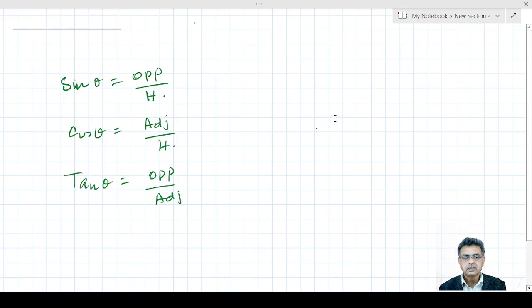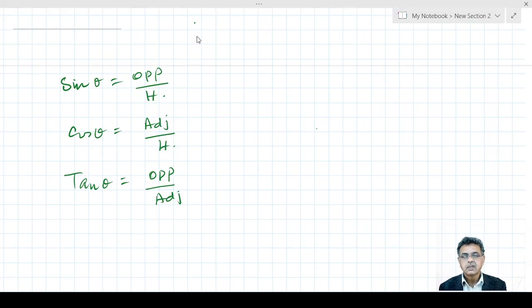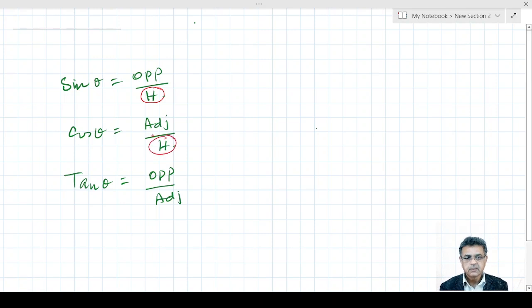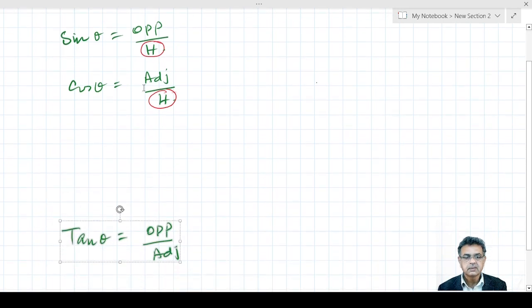This is the formal ratio of these three. What I recommended is to remember that hypotenuse is common in these two. We will discuss tangent theta separately, so leave it so far. Let's talk about only these two.